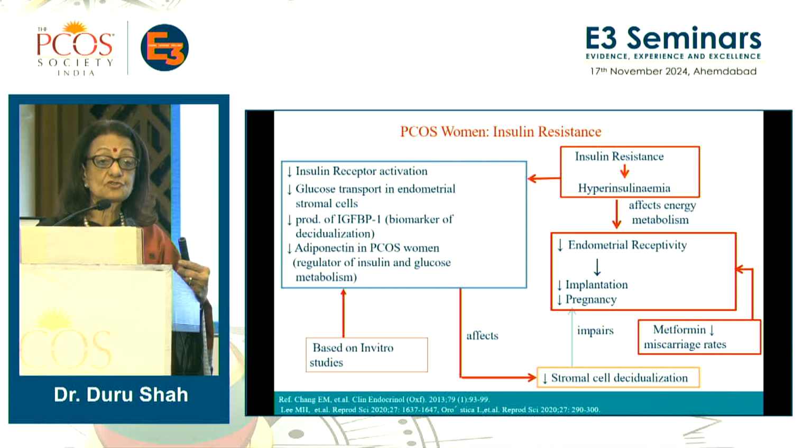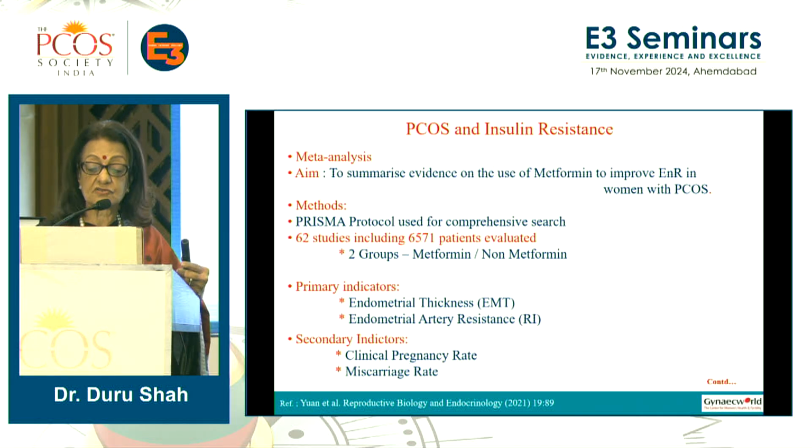Now it has been shown that when you give metformin to these patients, it definitely improves the endometrial receptivity, and therefore women who have got insulin resistance, if you give them metformin, it will improve the pregnancy rates, because you're improving the endometrial receptivity by removing the insulin resistance at the endometrial level.